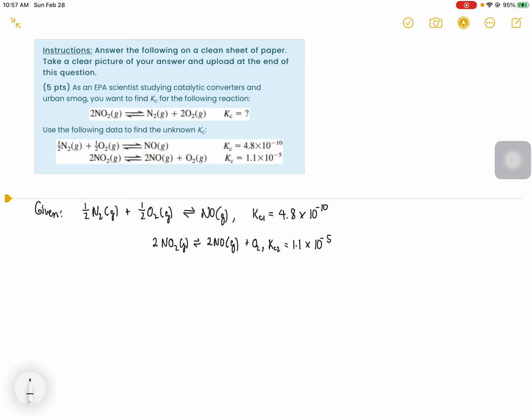Now with all of this particular data known to us, we are now asked to compute what would then be K sub C for the following given reaction, which is coincidentally going to be the sum of the two known equations given to us.